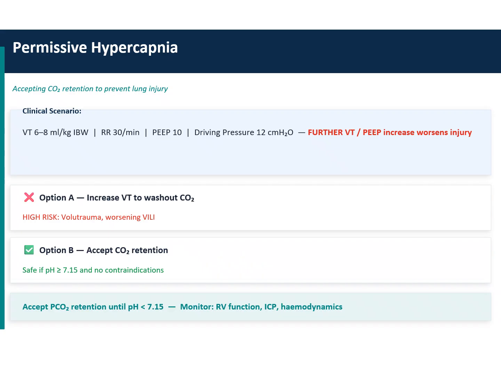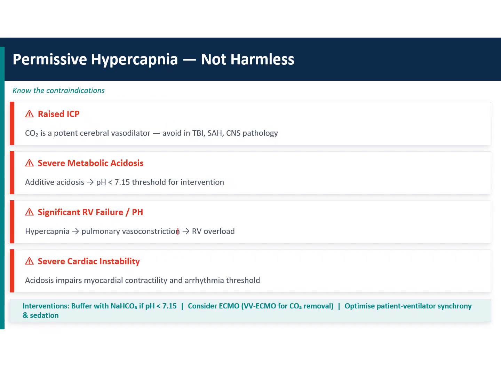So if you are seeing a patient whose PaO2 is otherwise 200, but is retaining CO2, that is some discordance, right? What I'm trying to tell is that not all CO2 retention in a patient is due to giving lung protective ventilation. Sometimes something else is going wrong because of which CO2 is getting retained. In such a case, it has to be addressed. You cannot say permissive hypercapnia and leave.